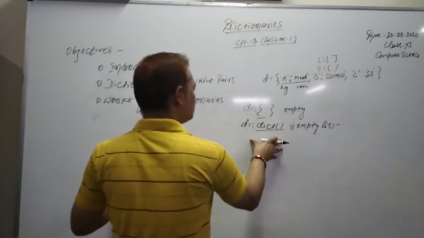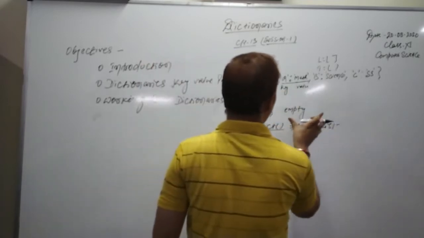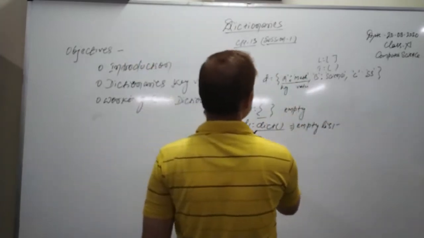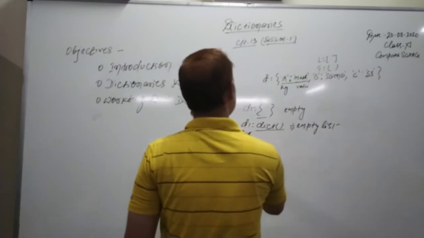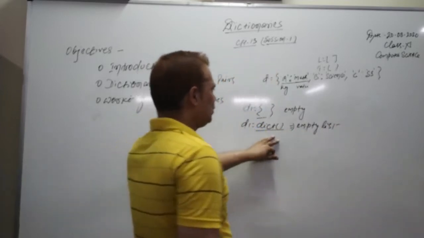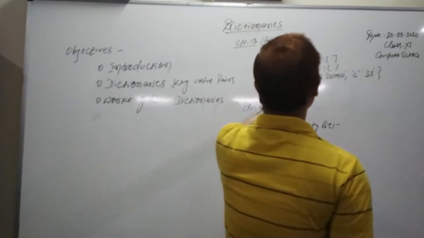Mind it, this is how a dictionary is created. Now, if you want to initialize the elements, you can also initialize them. If you just want to create a blank or empty dictionary, then D1 equal to dict. And inside the brackets you have to pass the elements like key pairs.